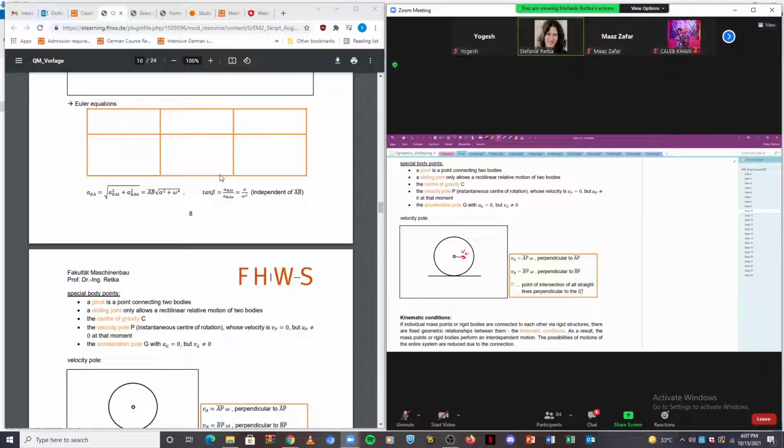Now, if we want to describe other points, for example, this point right here and this point there, we can use our standard approach that we just talked about.